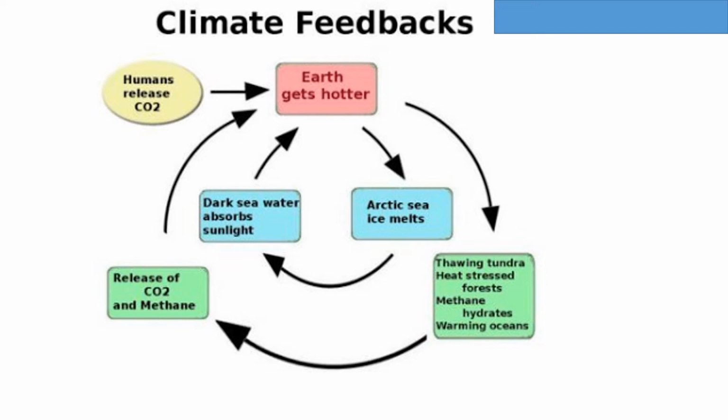And then to make it even worse, humans are releasing much more CO2, which means the Earth is getting hotter again, and so it's spiraling, which is a massive problem, which is why we're talking about it and why you're learning about it and why it's going to be one of the most significant problems in your lives, to do with global warming and climate change, which is why you need to learn about how important it is to be saving the planet.